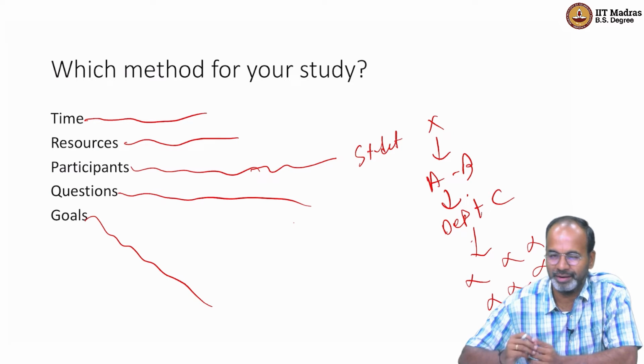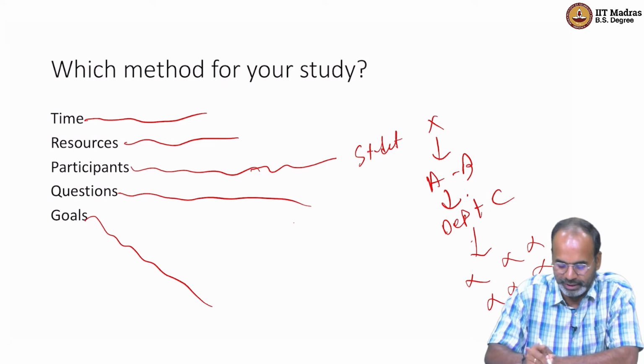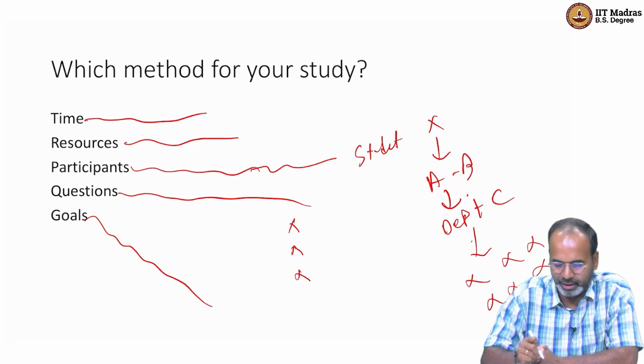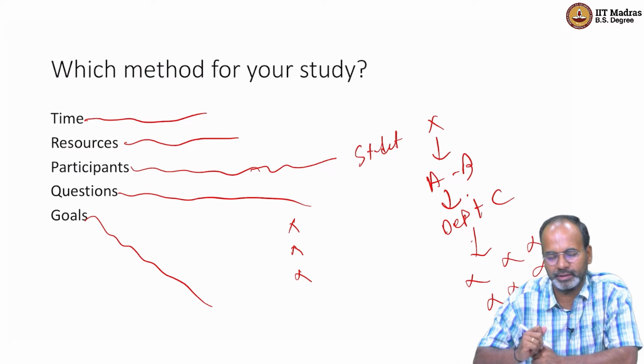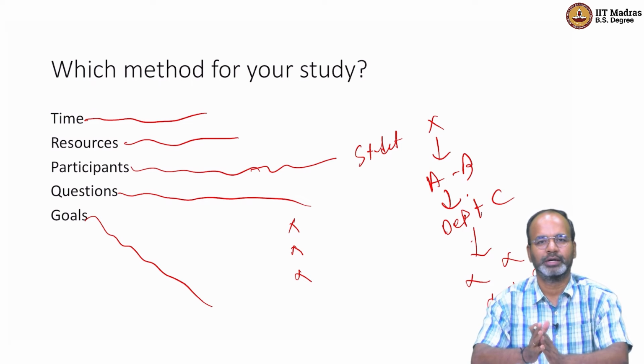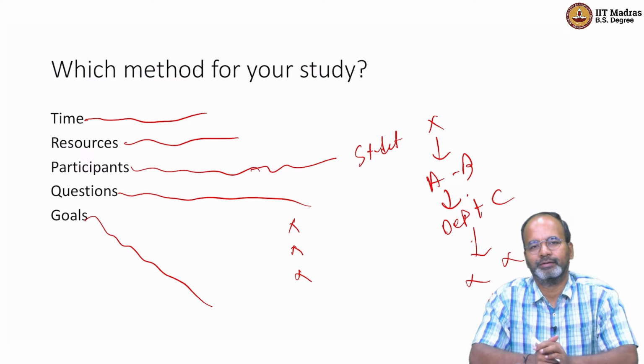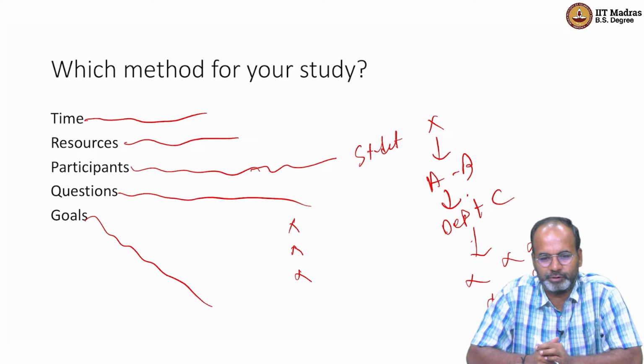Some of the questions are very natural when it comes to interviews, but when it comes to surveys, it has to be really, really clear, right? Really clear in terms of multiple choices, in terms of text boxes. All of that should be very clear when you set the questions up for surveys, whereas when you set the questions for interviews, it can be slightly open-ended.